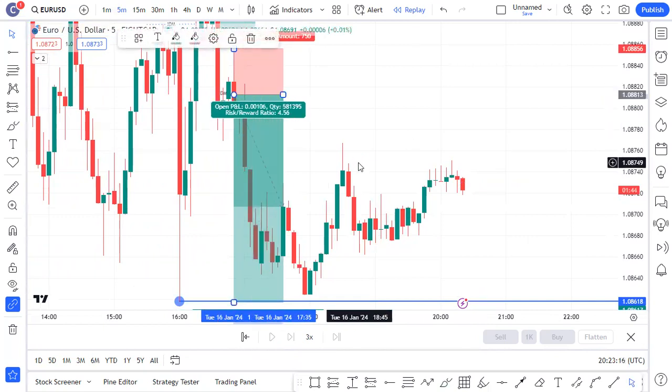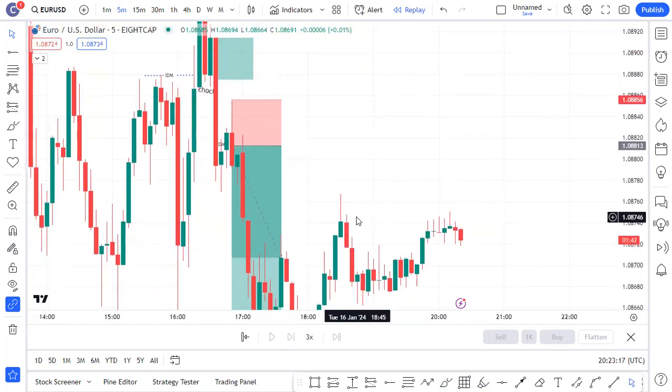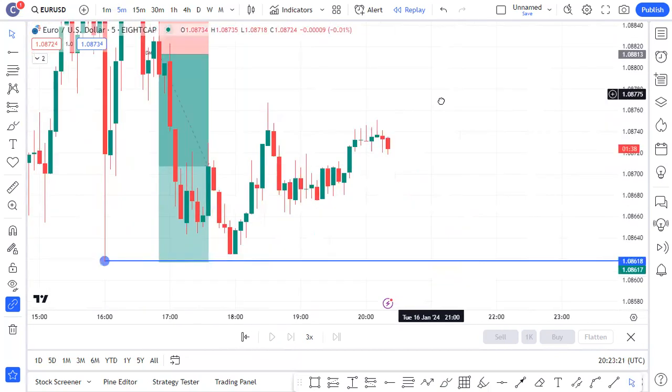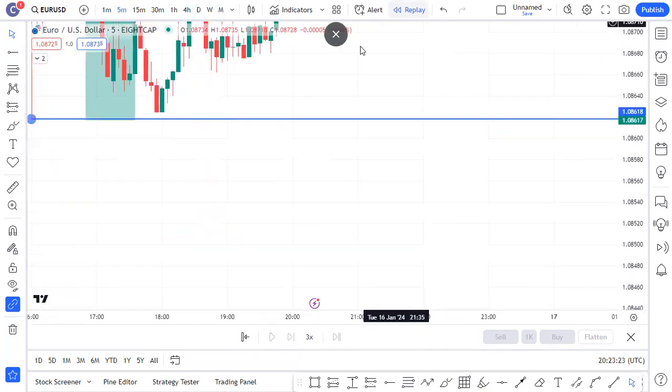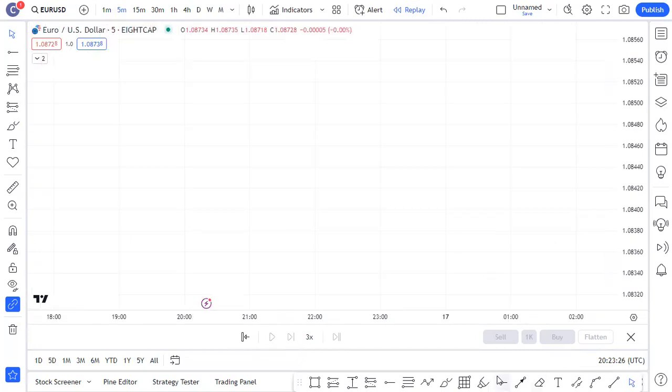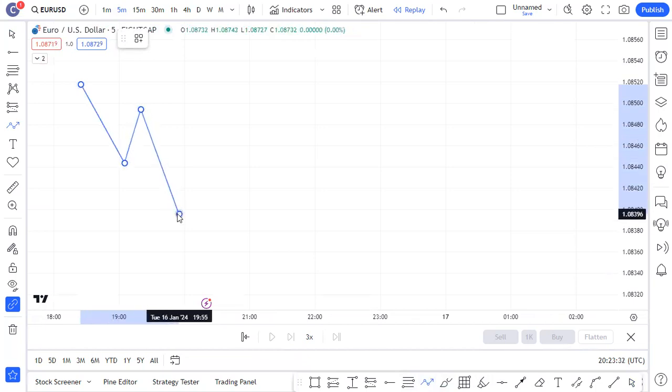So this is how you get a type 2 entry, whereby the market is just taking out the structure of the market like this. Let me explain a little bit here. Break this structure, takes out inducement, but it's not tapping on any supply zone or inducement level.